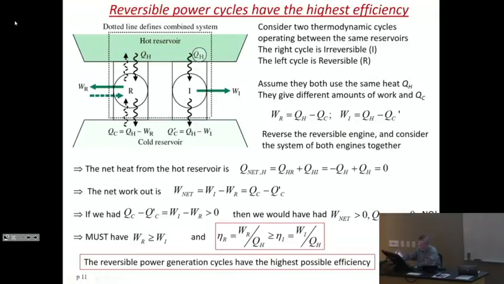It takes Q hot, sends Q hot into the cycle, which does work W I, and it ejects another amount of heat to the cold reservoir. So Q cold and Q cold prime are not the same, because this has internal irreversibilities, whereas this does not.